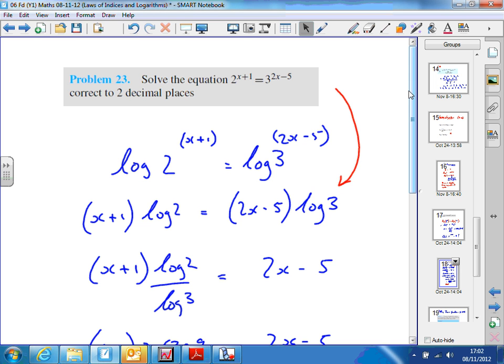Go back to the original equation, put in your value for x in here, and work out what 2 to the x plus 1 is. And work out the other side and see if you get the same answer, and then you know you've done it right. Okay? Yeah. Always do a check.